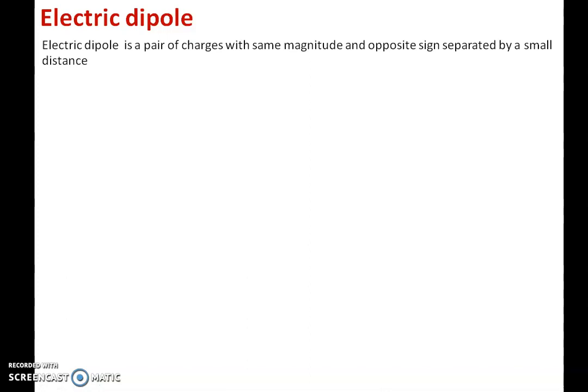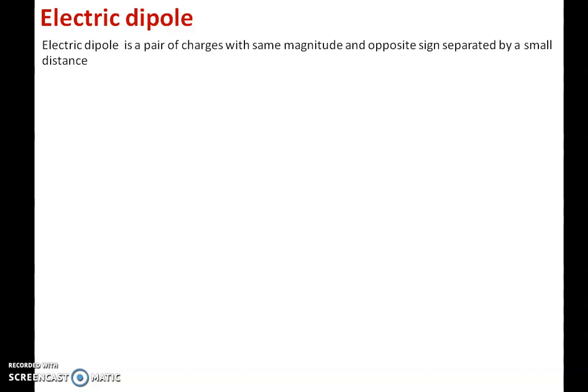If you have plus 1 coulomb of charge and similarly minus 1 coulomb of charge, and these two charges are separated by a very small, negligible distance, then that set of two charges is called an electric dipole. The electric dipole is a pair of charges with the same magnitude and opposite sign separated by a small distance.